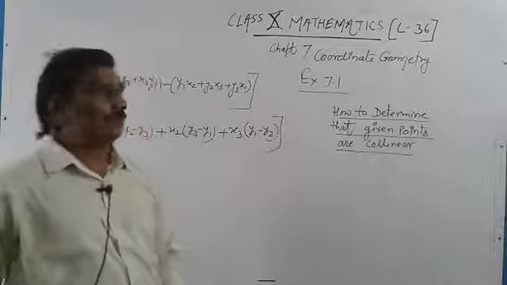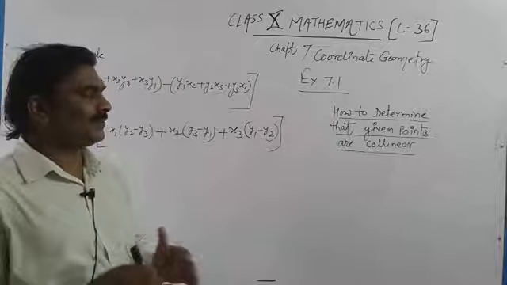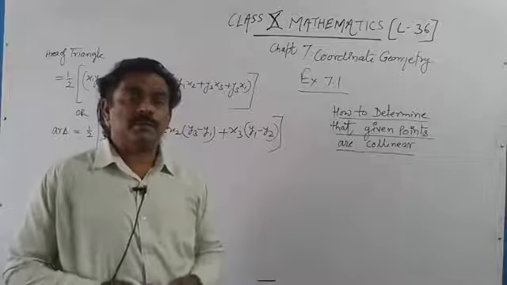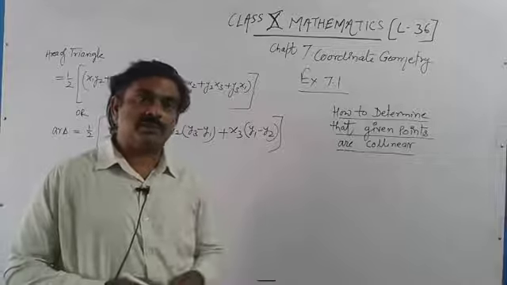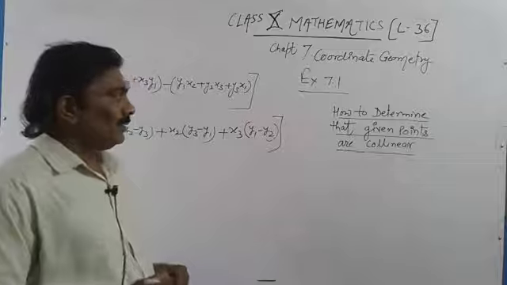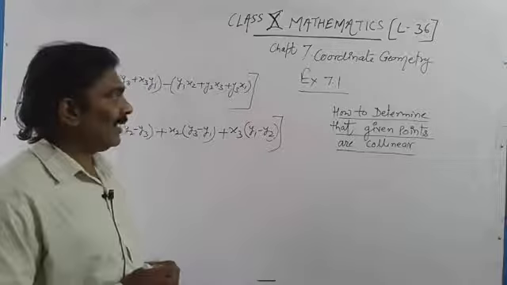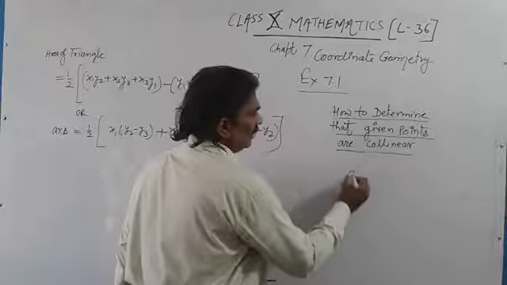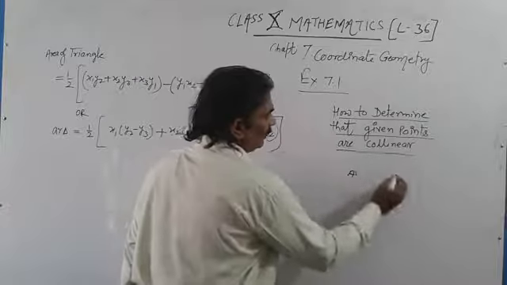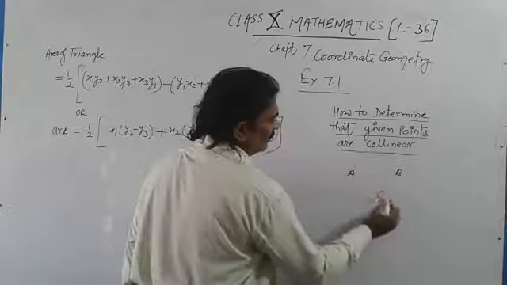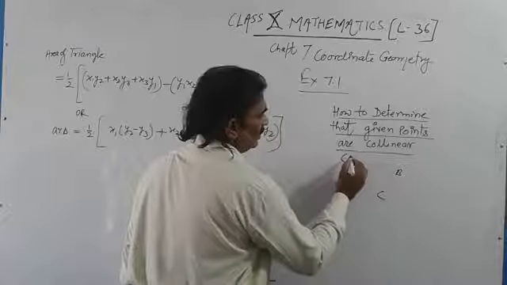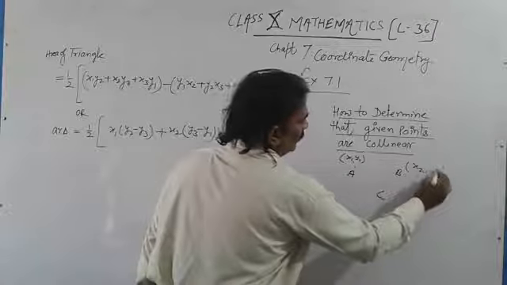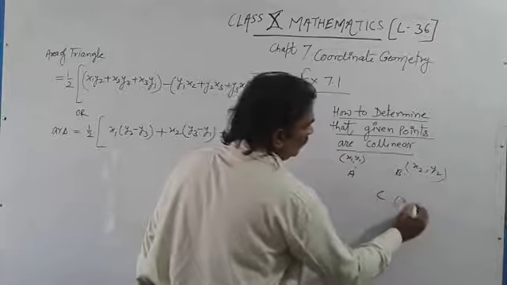In the previous video, we solved question 3, but due to some technical problem, the question was not completed. But here I would like to tell you that suppose you are given 3 points A, B and C. Suppose these points are x1, y1, x2, y2, and x3, y3.